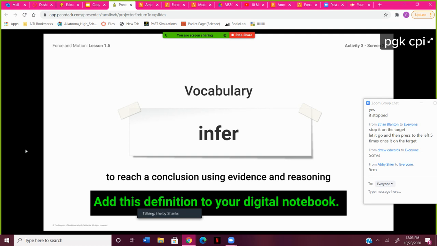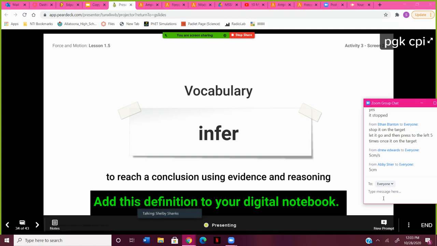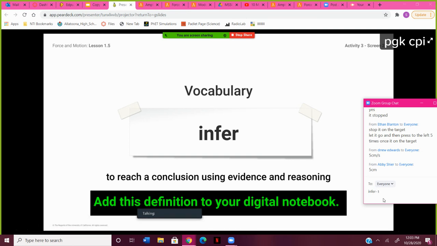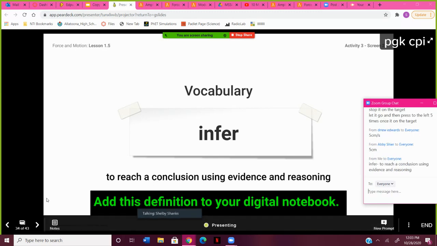Infer means to reach a conclusion using evidence and reasoning. All right, I put that in the chat if you need to look at that for a little bit longer.